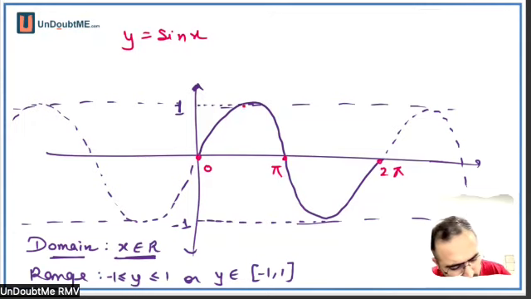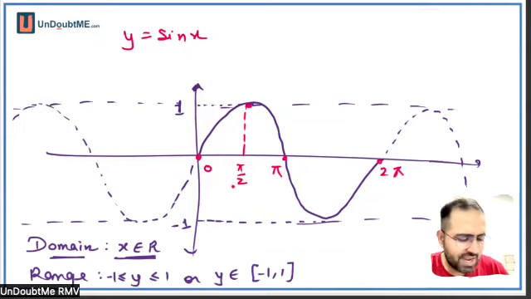It starts from 0 and rises to the peak value of 1 at pi by 2. Along with understanding this graph, you can put the values and check. You can verify what I'm saying. Put sine pi by 2 in your calculator and check whether it comes as 1 or not. And then you can also put sine 0 and sine pi.